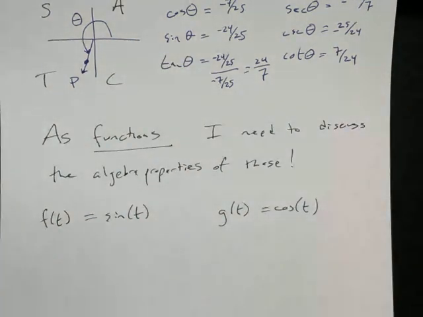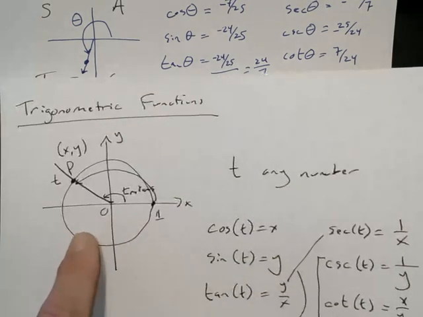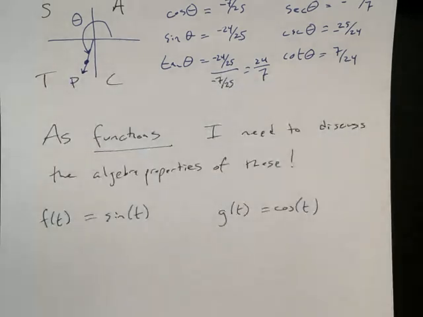For the moment, I want to think of these two as separate functions. So I'll call the sine one f of t, and I'll call the cosine one g of t. Now, based on the circle picture I started with, back here, no matter what number I pick for t, we're going to get a point on the circle, right?